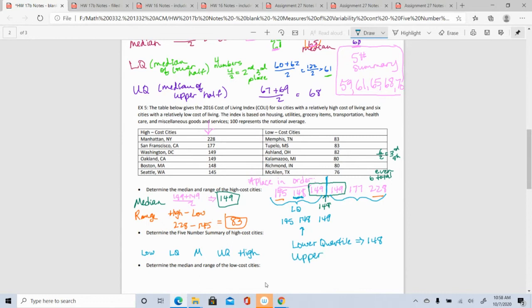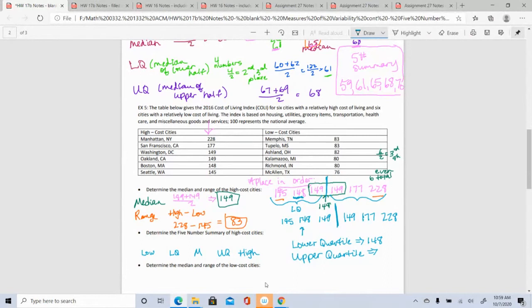What would be the upper quartile in that case then? Somebody said 177, because remember we split the numbers.